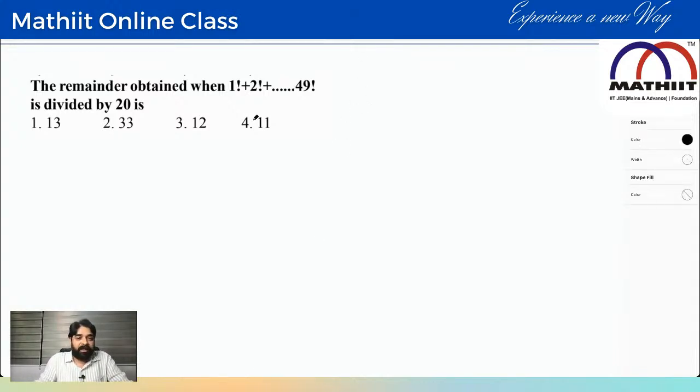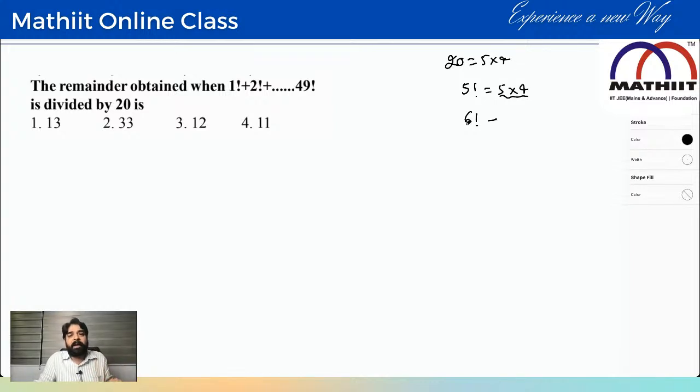Check it here. First thing, 20. 5 factorial is 5 into 4, meaning 20 is a factor. So if 20 is one of the factors in 5 factorial, then 6 factorial also will have 20 as one of the factors. Yes or no? 20 is 5 into 4.